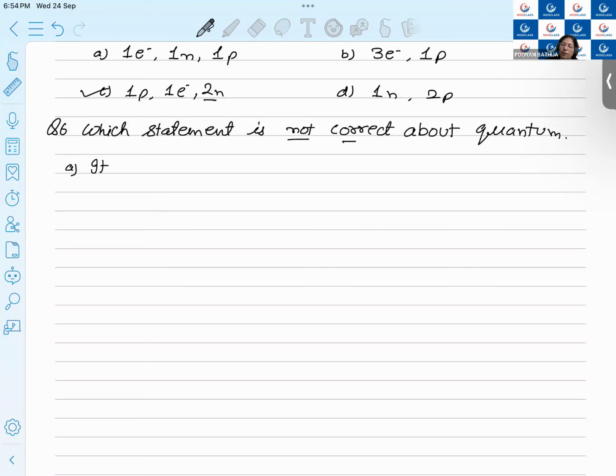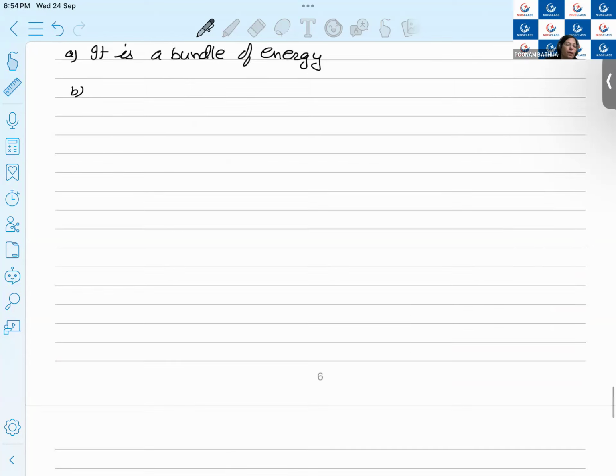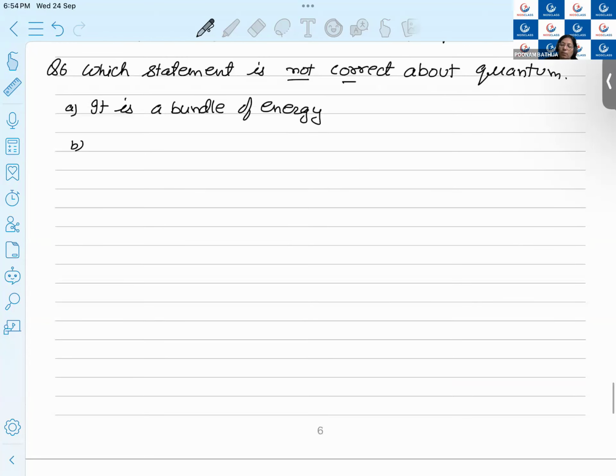It is a bundle of energy. A quantum of visible light is called photon.